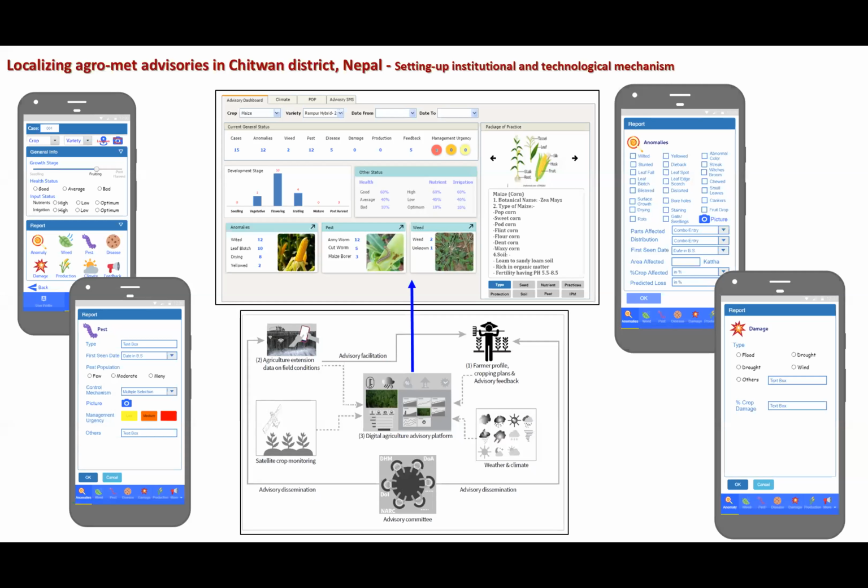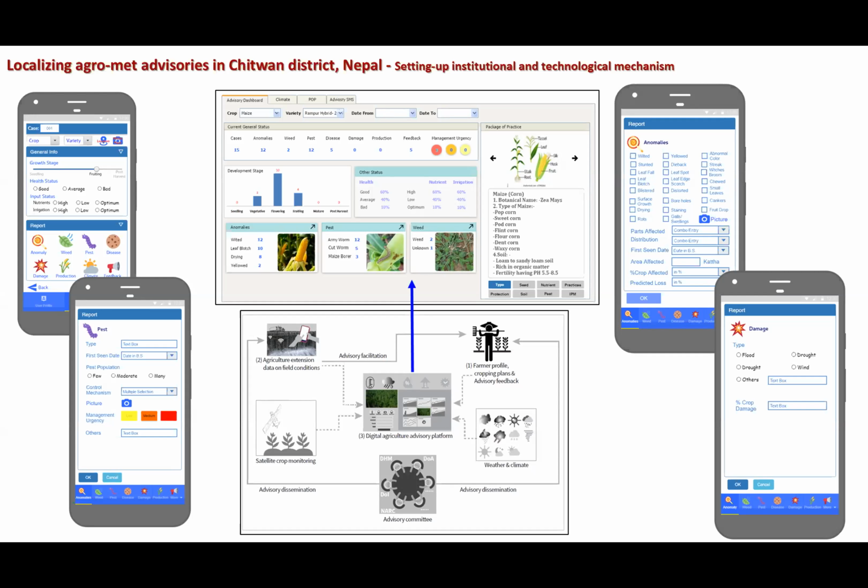What is happening in most of the region is that most of the time agromet advisories are generated in the central agencies. Like in case of Pakistan, agromet advisory is being generated from PMD, but they cover the entire country. And then cropping calendars are different, local situations are different.